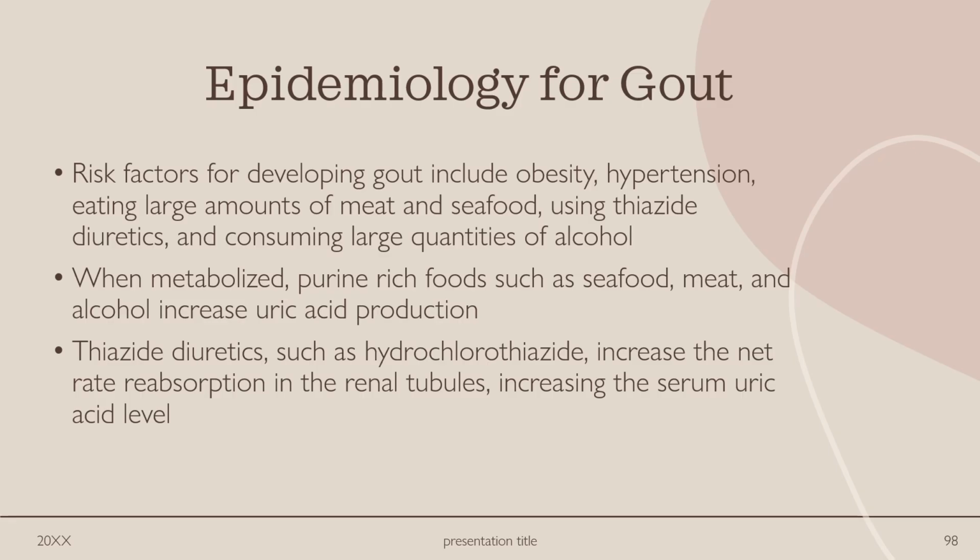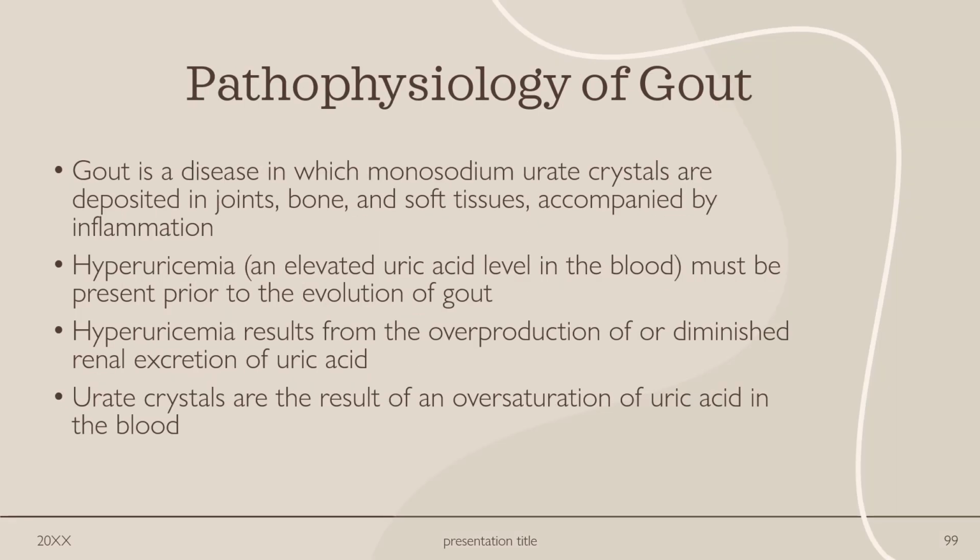When metabolized, purine-rich foods such as seafood, meat, and alcohol will increase uric acid production. Thiazide diuretics, such as hydrochlorothiazide, will increase the net rate of reabsorption in the renal tubules, and this will increase the serum uric acid level.